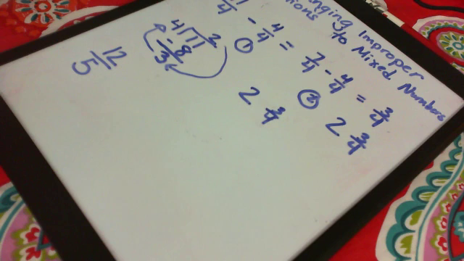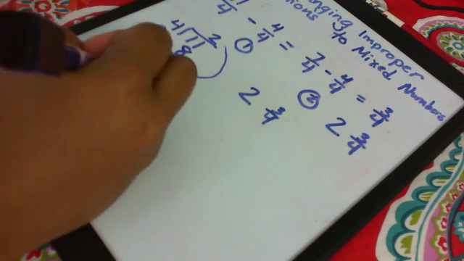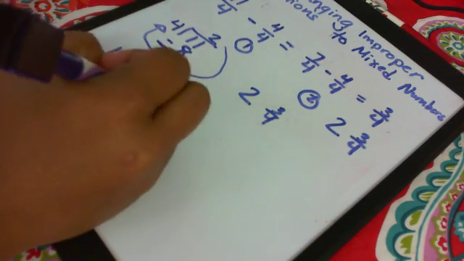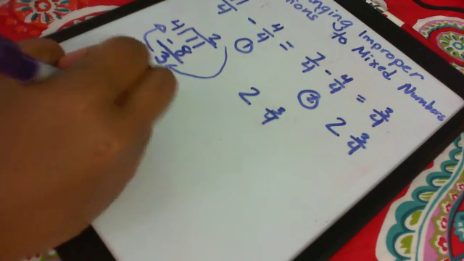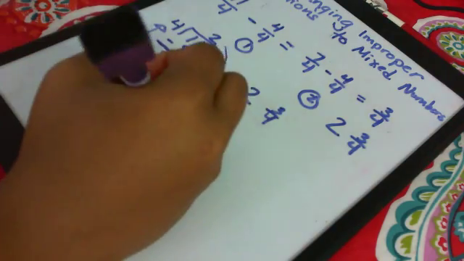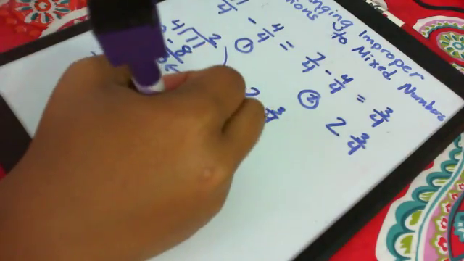12/5. So I know I'm going to be subtracting 5/5 until I can't subtract anymore. And then that's going to give me the remaining fraction. So here we go. So I'm going to subtract 5/5, and 5/5 is the same as 1. And that's going to give me 7/5.